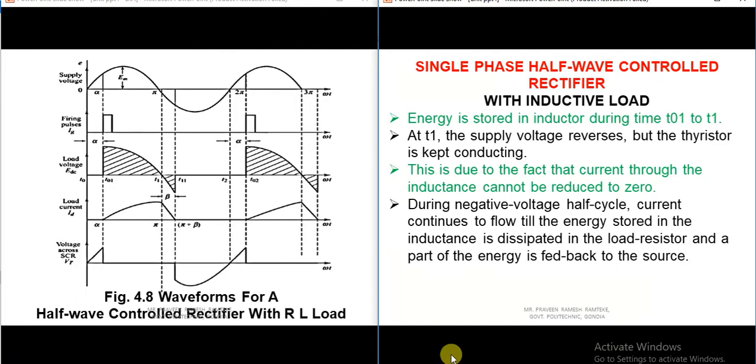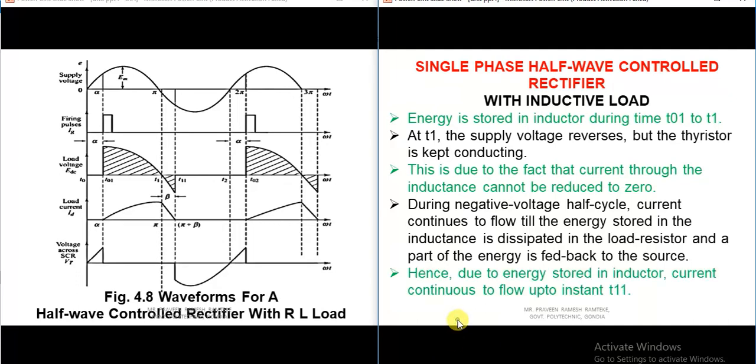During the negative half cycle of the input supply, current continues to flow till the energy stored in the inductance is dissipated in the load resistor and a part of the energy is fed back to the source. Hence, due to energy stored in the inductor, current continues to flow up to the instant t11.